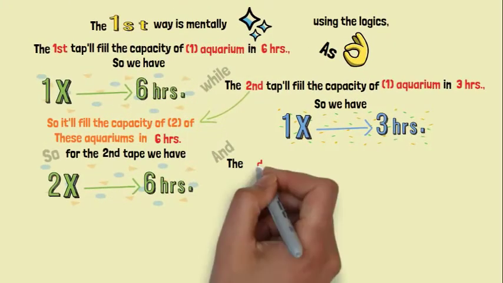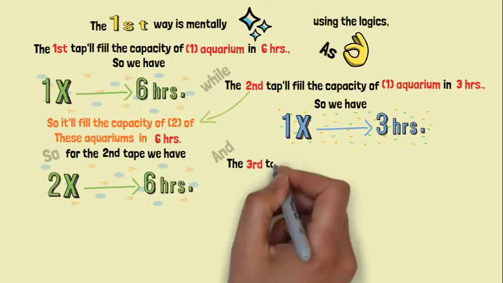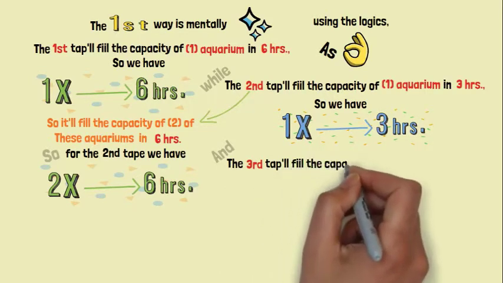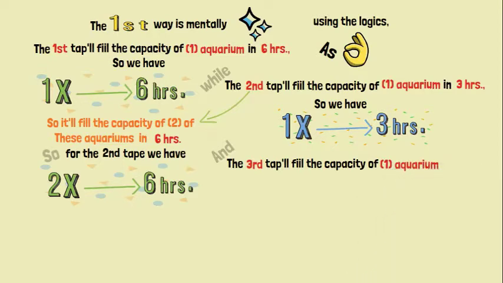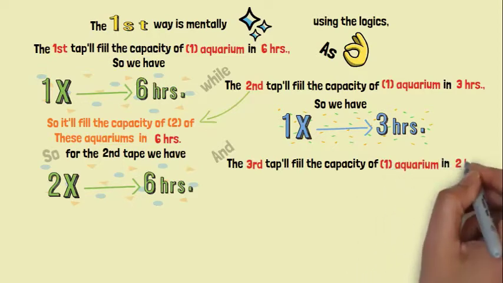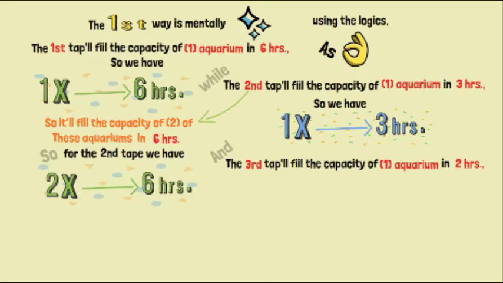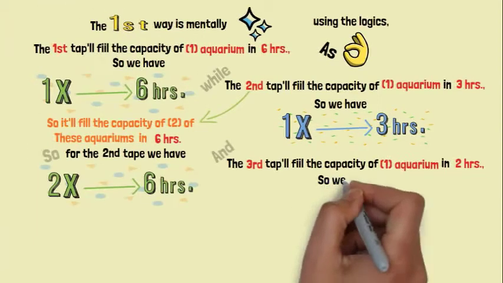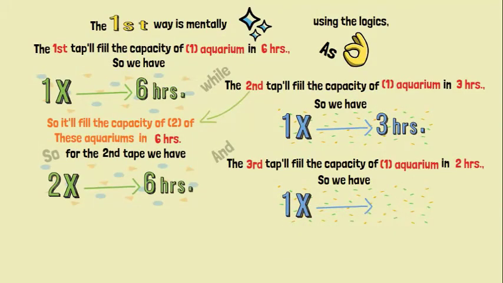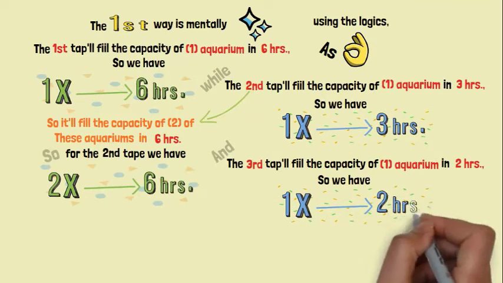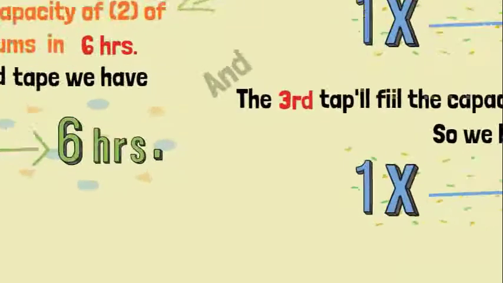And the third tap, the last one, which is bigger, will fill the capacity of this 1 aquarium in 2 hours. So we have 1x will be filled in 2 hours, meaning 1 aquarium in 2 hours.